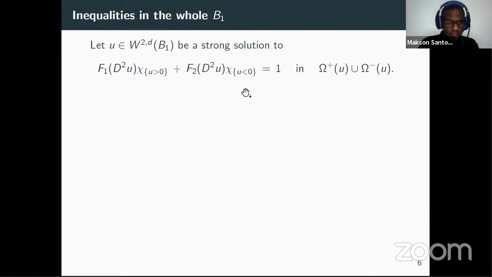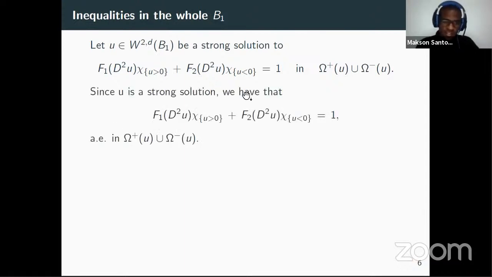And to do that, we started by noticing that since U is a strong solution to this equation, what we have actually is that this equality is satisfied almost everywhere in omega plus union omega minus, okay?